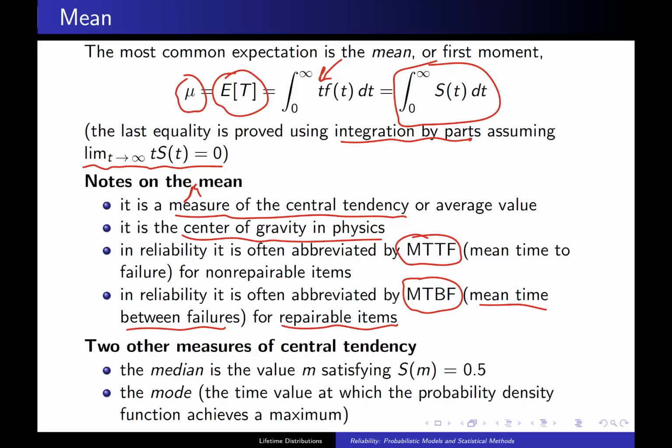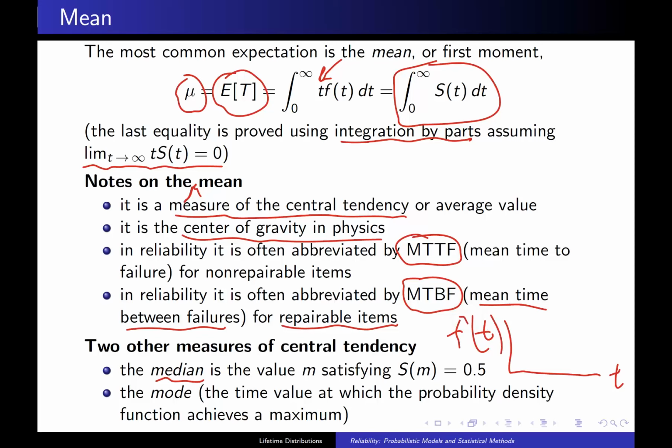There are two other measures of central tendency, might as well mention them here. The first is the median, and again, if we are being careful here, we would call that the population median.